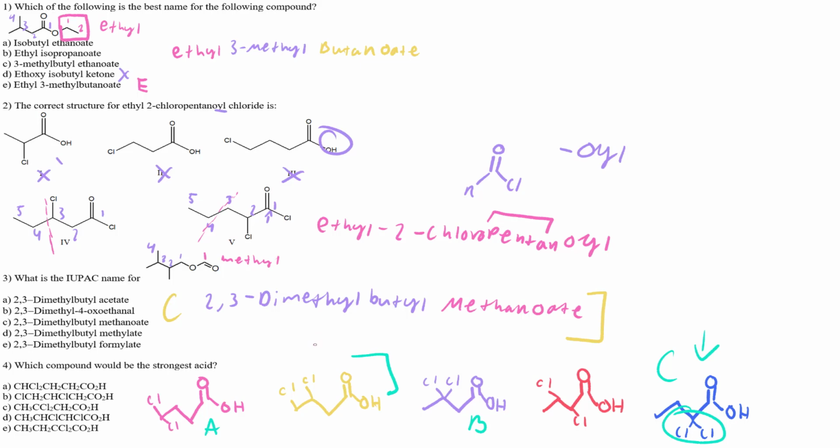Of course, this structure would be better than A, this structure is better than this one, this structure is better than that one, because we get closer and closer to the carboxylic acid. Now, it doesn't have to be a carboxylic acid, it could just be a normal acid, but it pertains. It's the same example. And of course, C is better than everybody else.